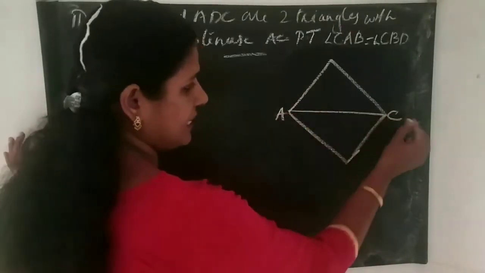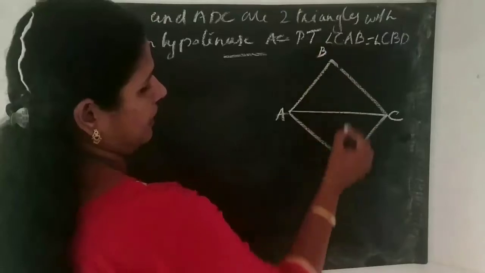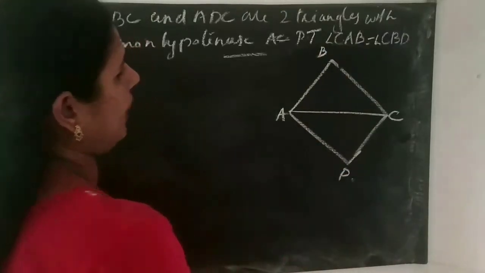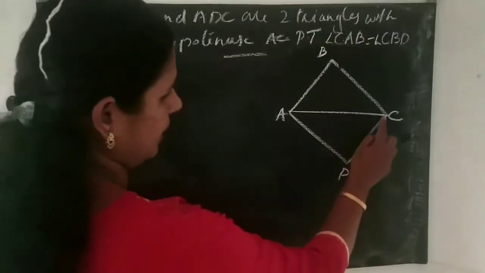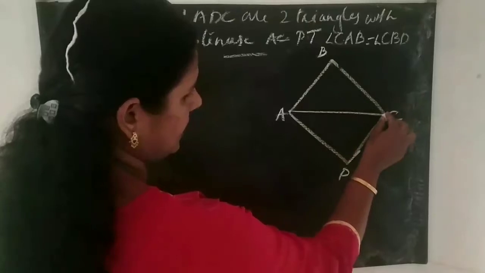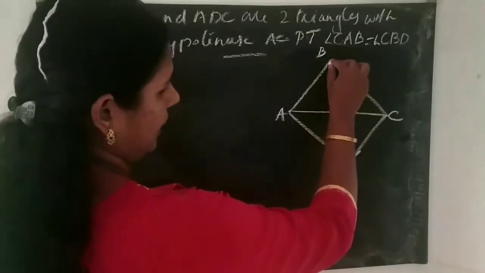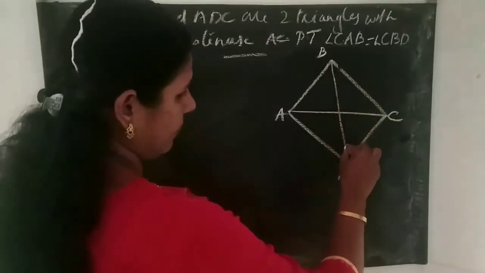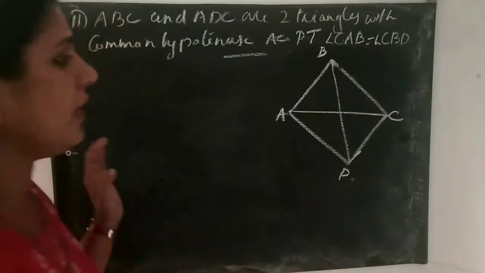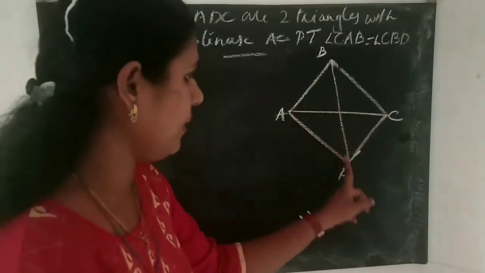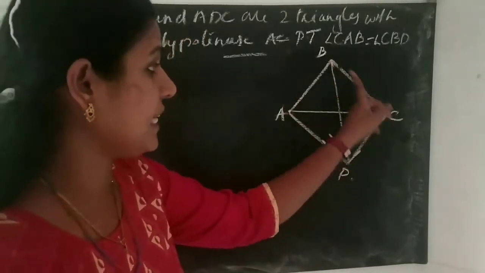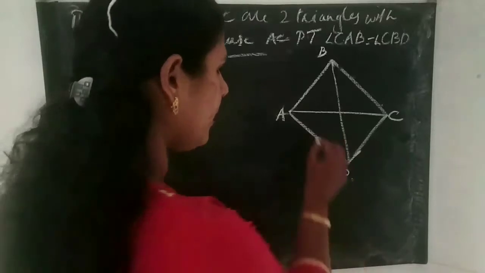Here AC, and this is B, this is D. You have to prove that angle CAB and CBD are equal.